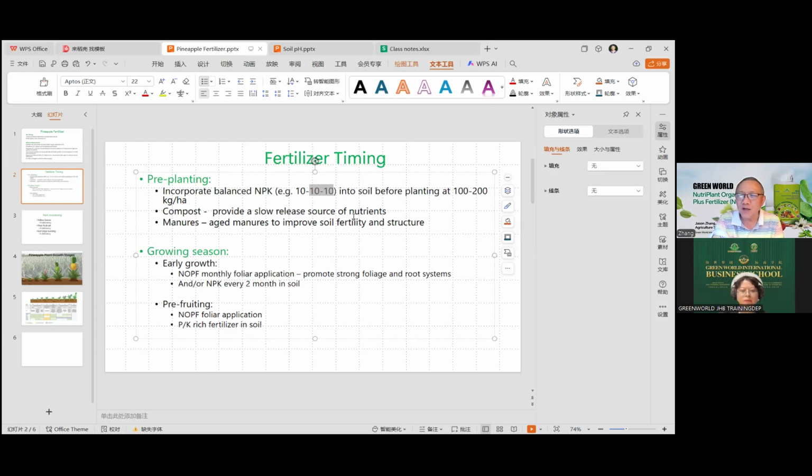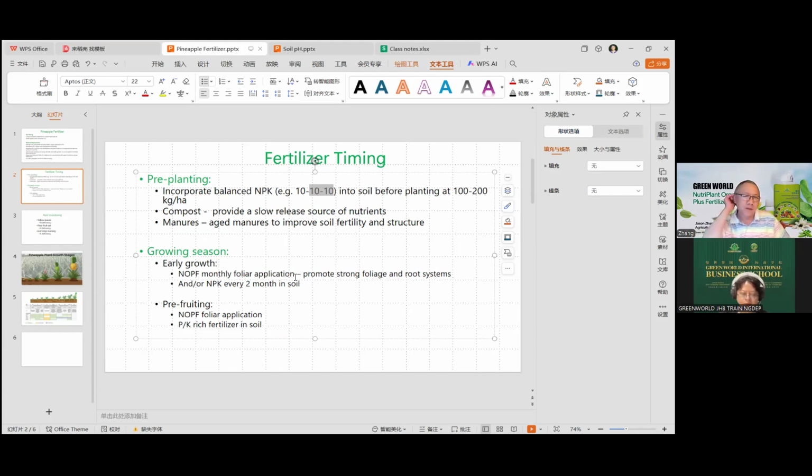Or if you find you didn't put enough NPK in the soil before you plant, in the growing season you still can add NPK into your soil, not spray. We spray NPF on the leaves, but we put NPK in the soil. In the blooming season, if you want, you still can add some more PK-rich fertilizer, not needing nitrogen.